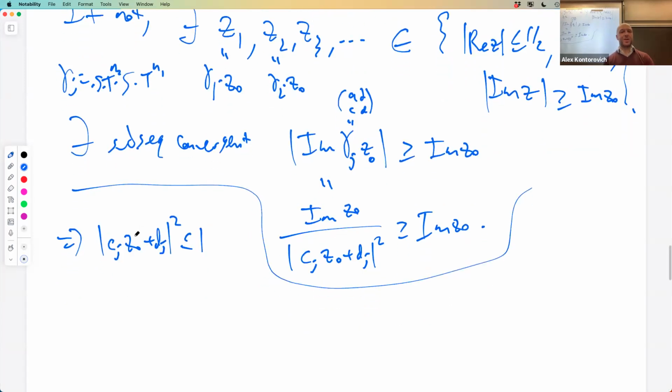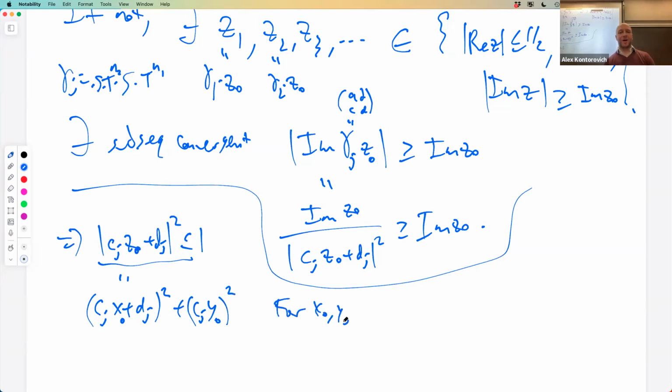But what is this? If Z0 is x plus iy, this thing is equal to Cj x plus Dj squared. I guess I should call it x0 because it comes from Z0, plus Cj y0 squared. For x0, y0 fixed, what is the region if I draw in the Cj Dj plane?